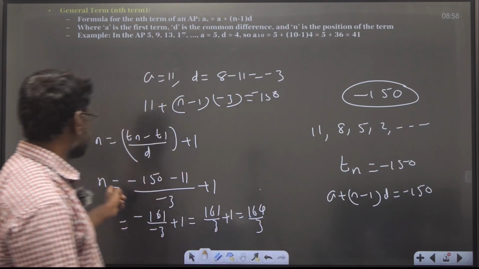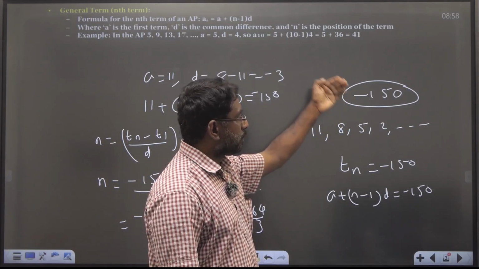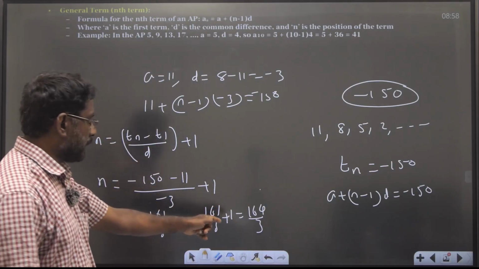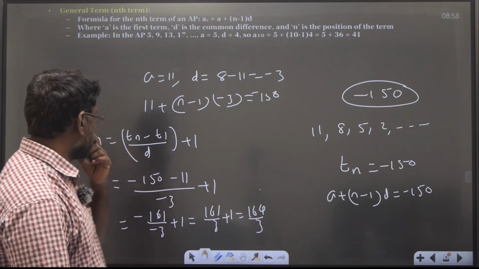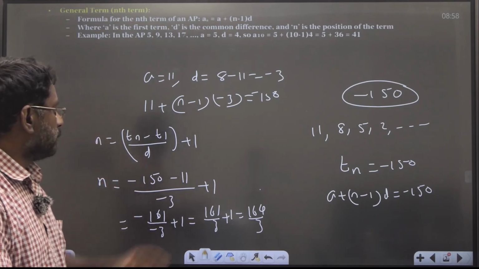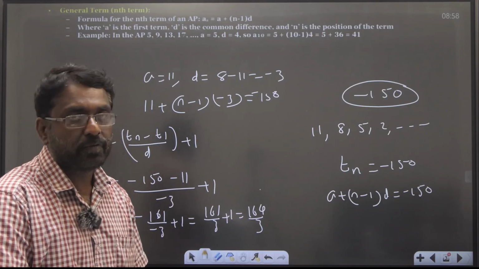Why? When we substitute and take 150 as the nth term, the number of terms is a fraction. 164 by 3 is a fraction. But a counting number is never a fraction. n will always be a whole number, never a fraction.